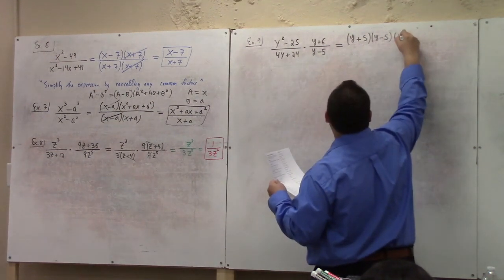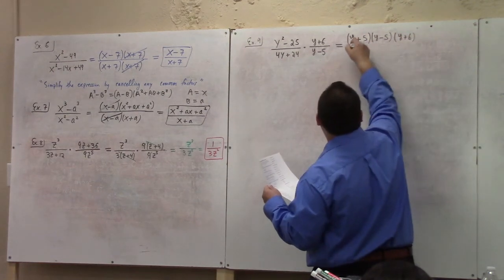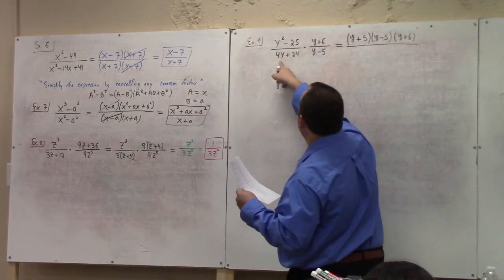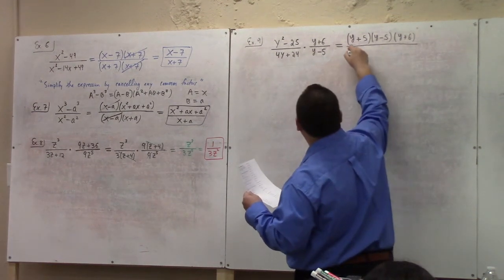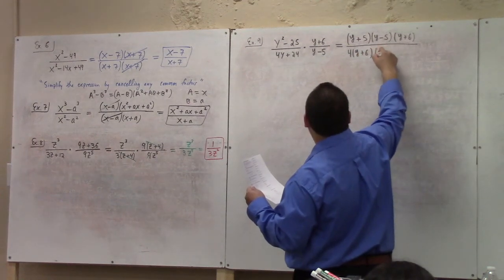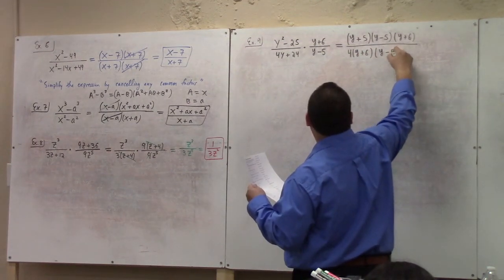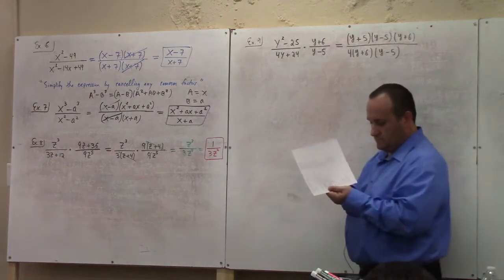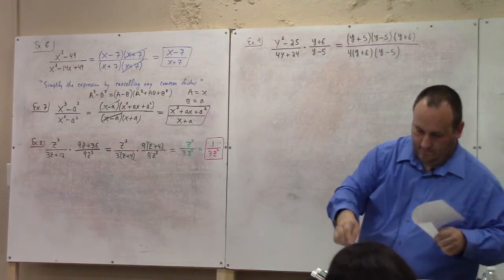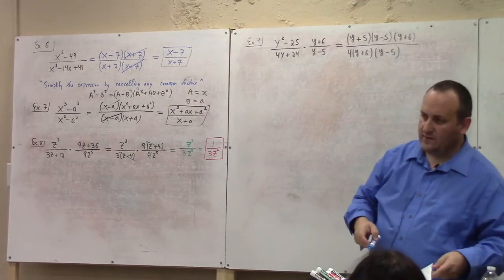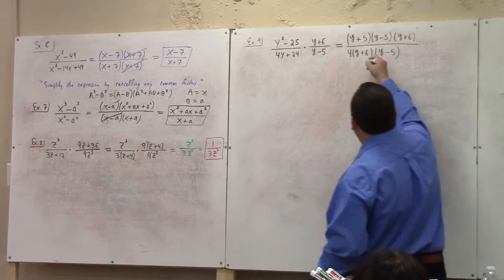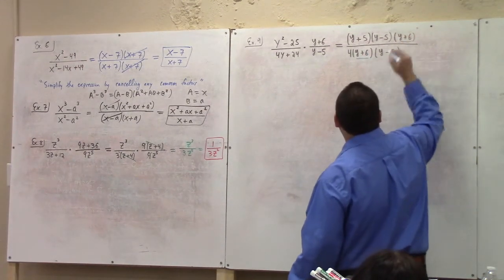Now I still got this y plus 6 from the other one. And then downstairs, I can factor 4 out of that first one, can't I? That's 4 times y plus 6, right? So it's important to factor the 4 out, otherwise you might not see the fact that this guy and that guy will cancel out, right?